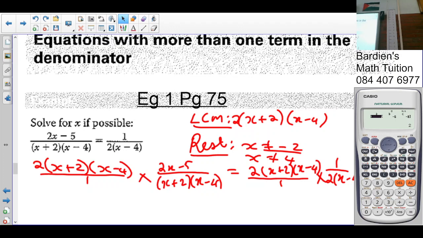So what do we do now? We cancel. So x plus 2 cancels x plus 2. x minus 4 cancels x minus 4. So what are we left with? 2 into 2x minus 4. Now you do the same to that one on that side.